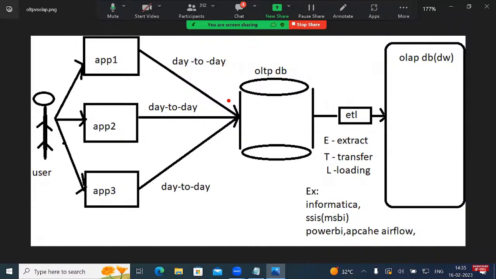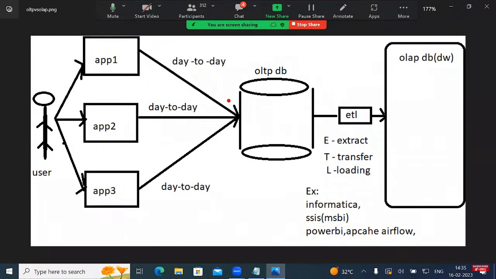One day a lot of data may be generated from my application, and another day less data. For example, today 10 KB of data is generated through my application, tomorrow maybe 25 KB, and the day after tomorrow again 5 KB. We can't say that the same amount of data is generated every day.